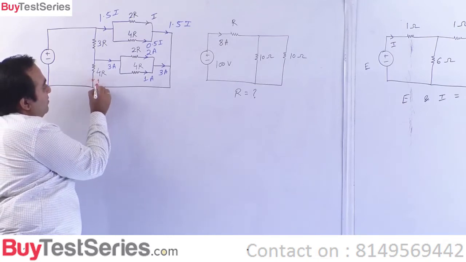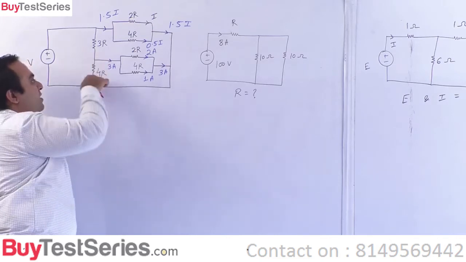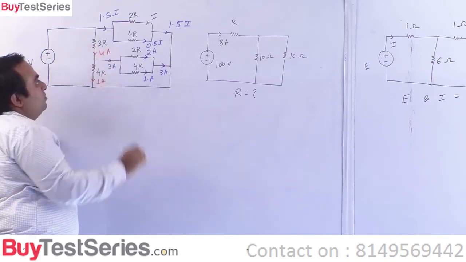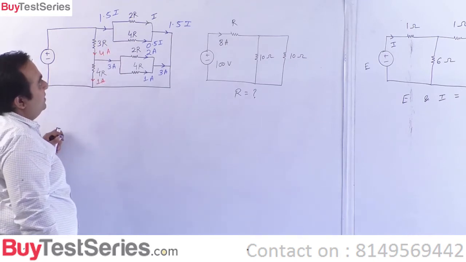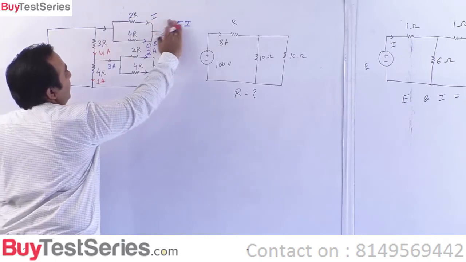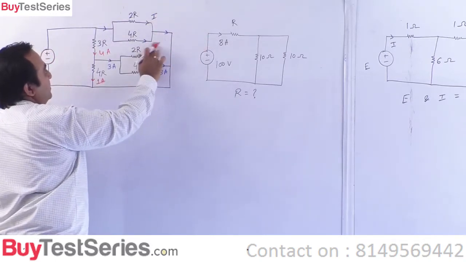So if this is 1 ampere, this has to be again 1 ampere. So if this is 1 ampere, this is 3 ampere, KCL at this node will give you that this is 4 amperes. Is this okay? I think this I, we do not need this information. We can just remove this.